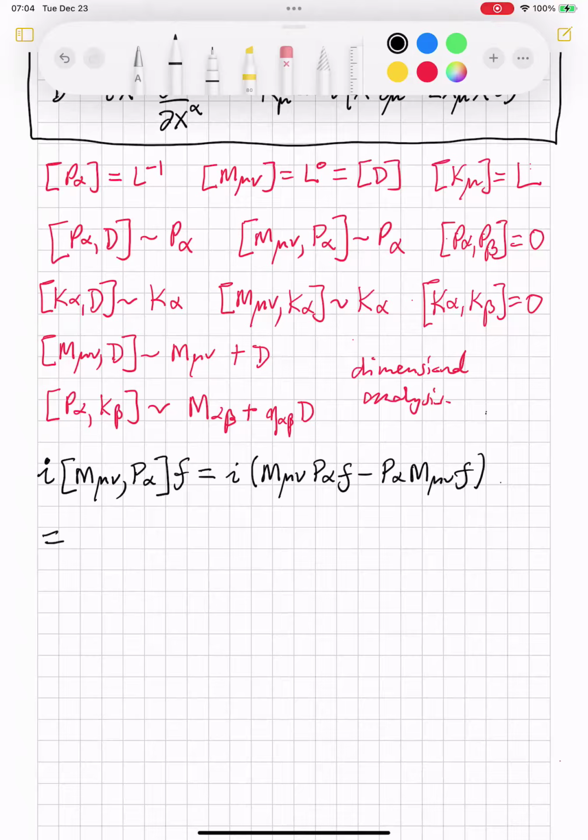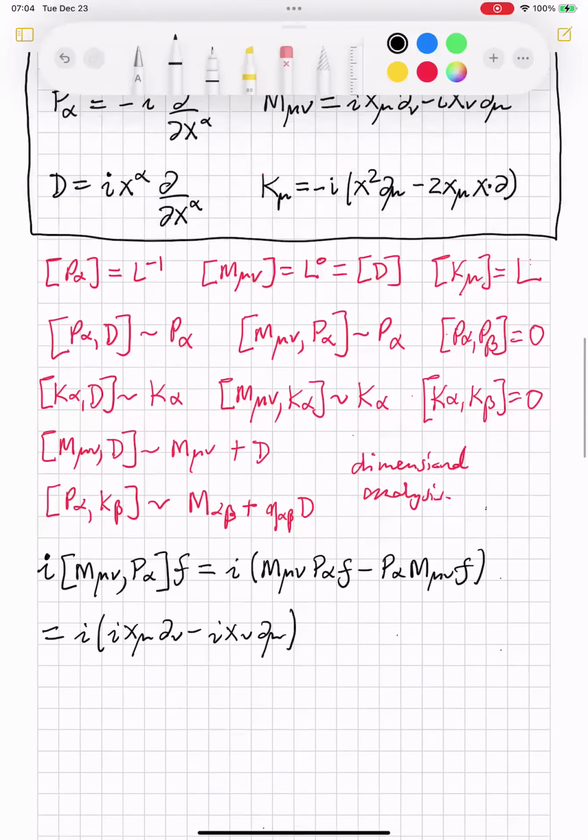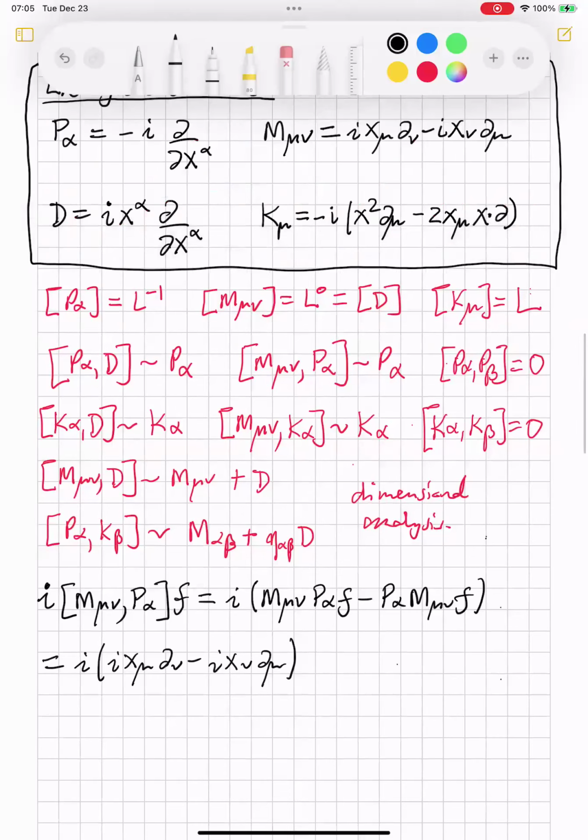And now what I do is I just plug the expressions for my generators in. So for M mu nu, I'll have an i x mu d mu minus i x nu d mu. Let me maybe move this down ever so slightly so that you can see that. Then I'll have a minus i d alpha. This is all acting on the f.